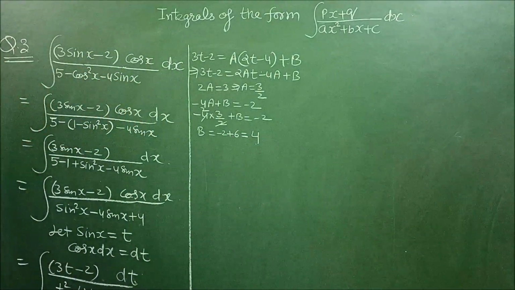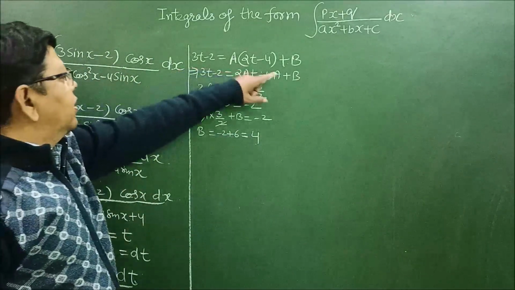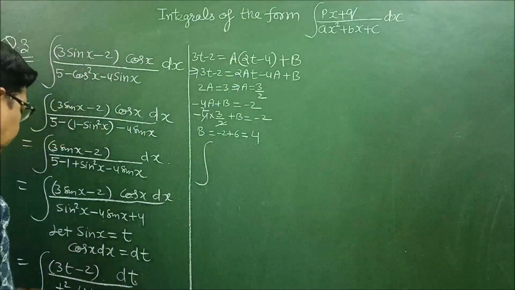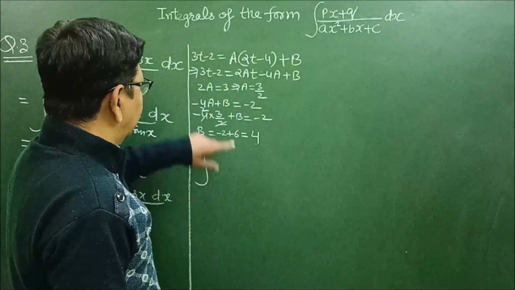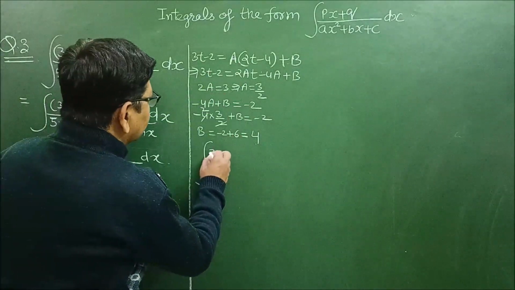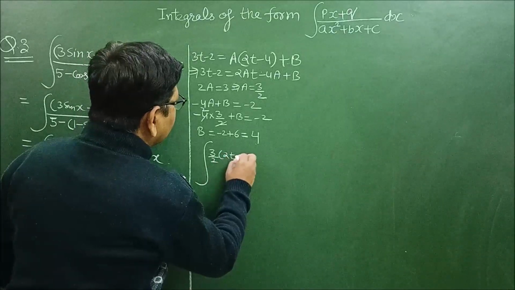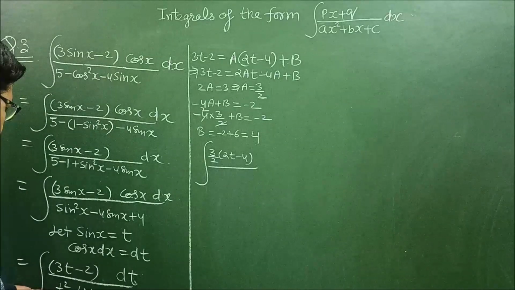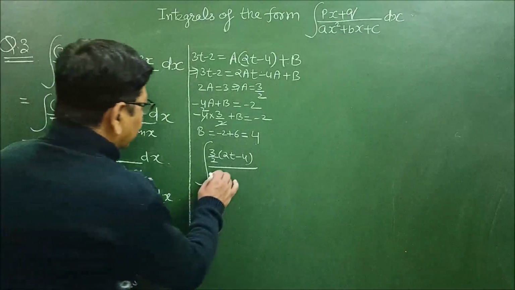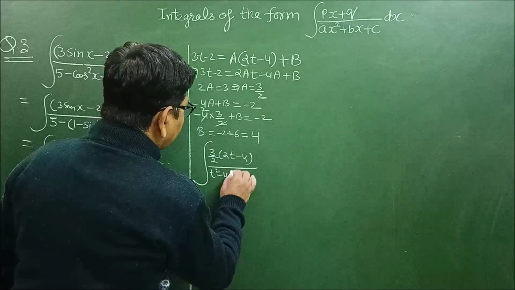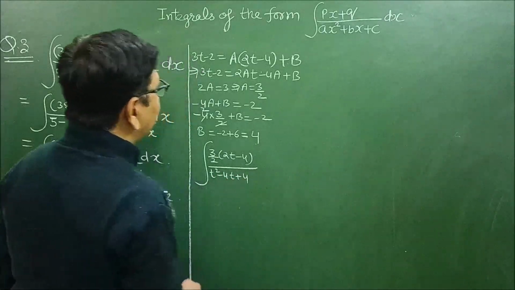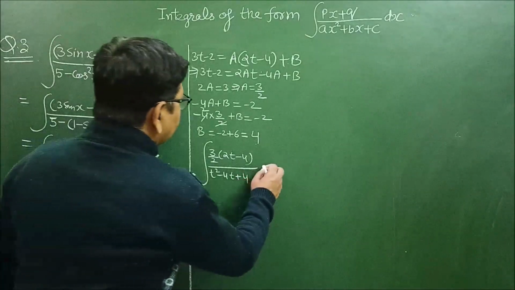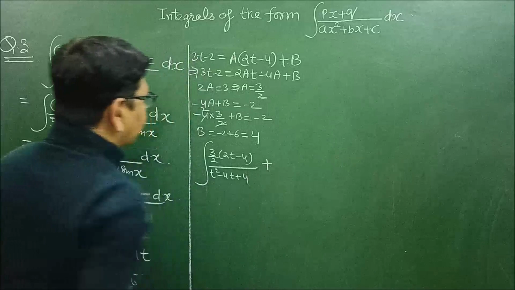So we have got the values of a and b which can be replaced here, and this integral reduces to the form: the value of a is here 3 upon 2 into 2t minus 4 upon t square minus 4t plus 4, plus the value of b.